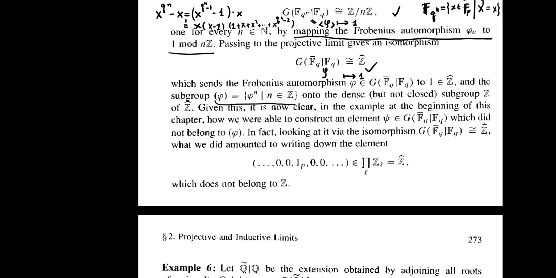Given this, it is now clear in the example at the beginning of this chapter how we were able to construct an element which did not belong to the Frobenius.